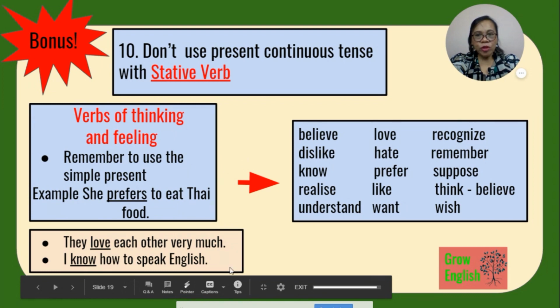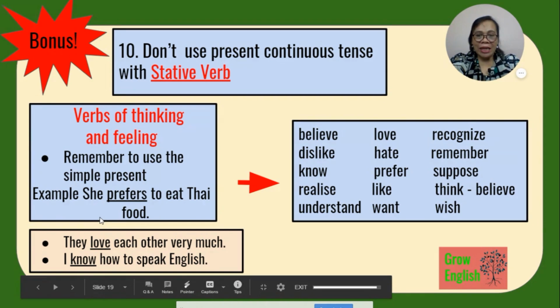Remember to use the simple present for these kinds of verbs. What are these verbs? Believe, dislike, know, realize, understand, love, hate, prefer, like, want, recognize, remember, suppose, think, and also wish.